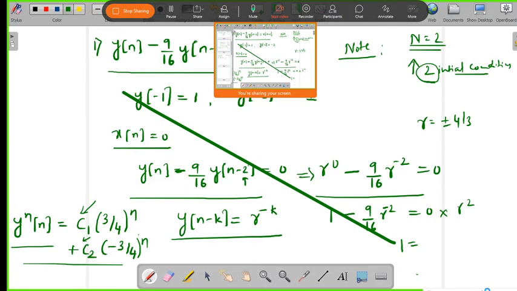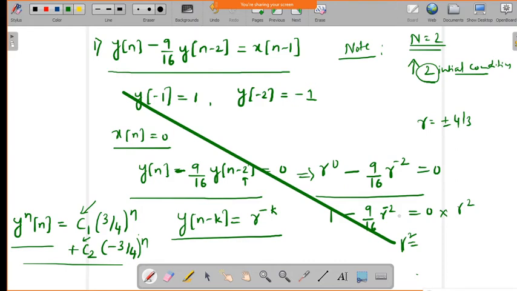Okay, so if you multiply this equation by r square, what you will get? You will get r square minus 9 by 16 which is equal to 0. So now what is r square?